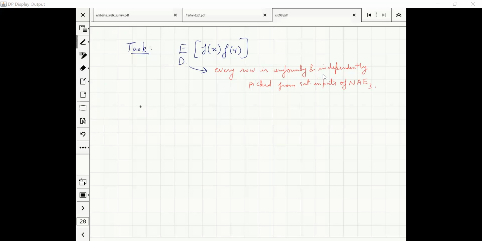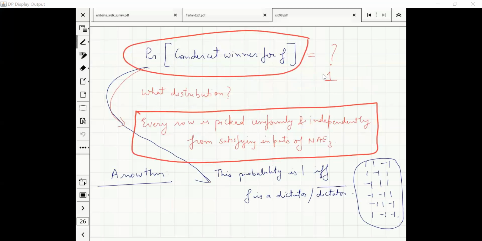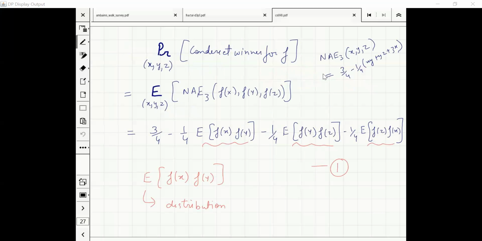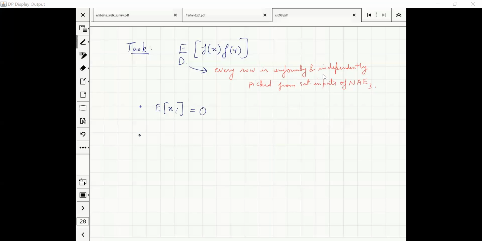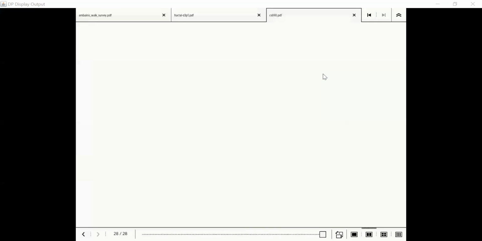First thing is, what can I say about expectation of Xi? Zero. You look at Xi, it is one of the 6 inputs. I have 1 an equal number of times as I have -1. I am picking uniformly. This has to be 0. What about these pairs Xi, Yi for different i?